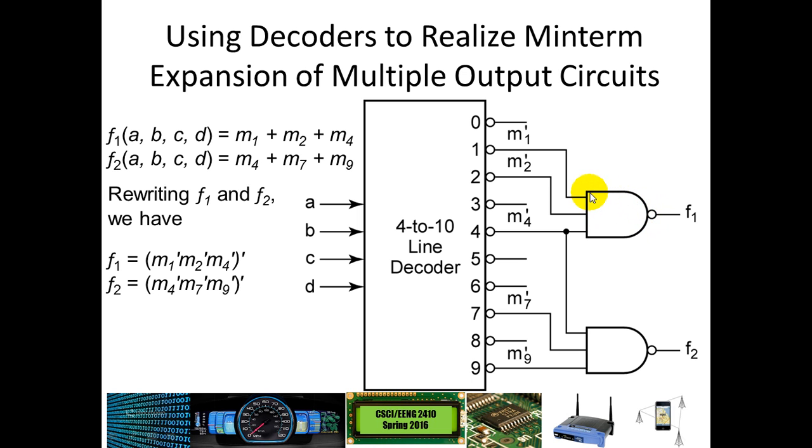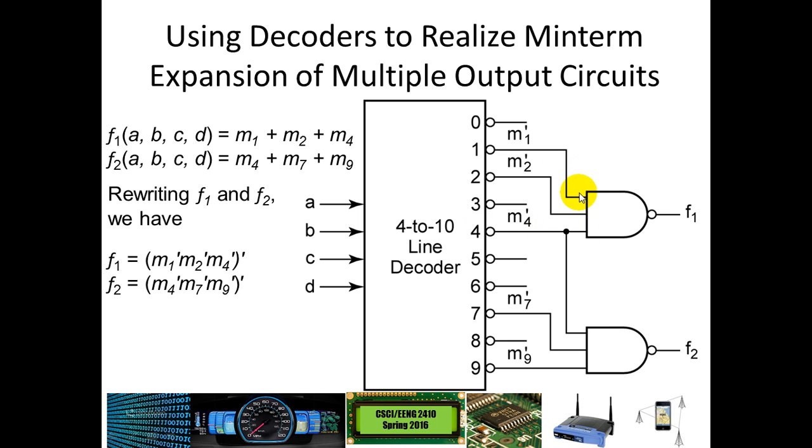So effectively, when you choose the appropriate min-term, let's say min-term 1, you would put in 0, 0, 0, 1 into A, B, C, and D, and then the active line would be this line 1 right here. And so that would be a 0. All the rest of these would be a logic 1.